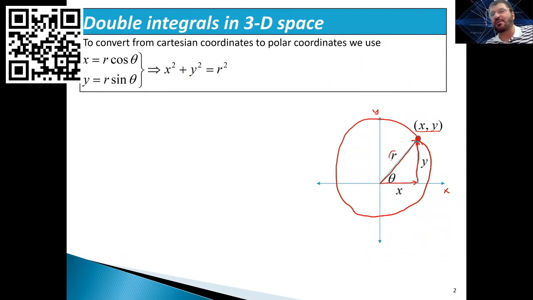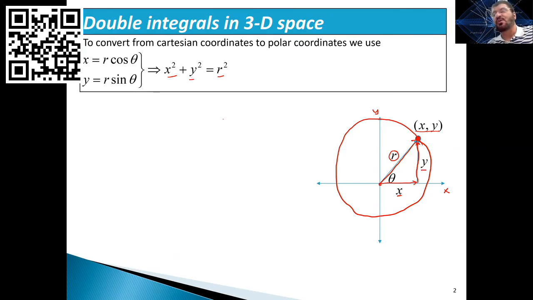So I'm going to call it r, the radius of the circle that starts from the origin all the way to the point x and y. According to the Pythagorean theorem, r squared is equal to x squared plus y squared, which is something we all know.